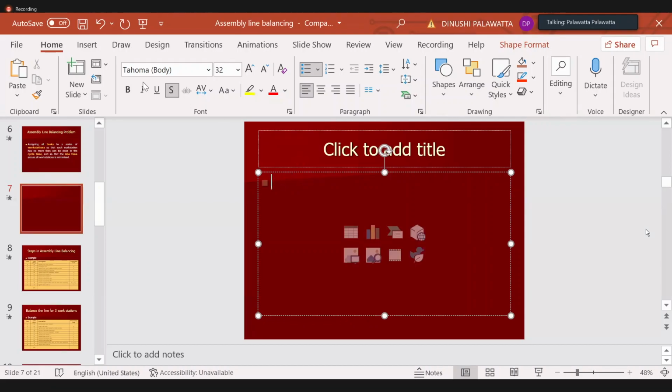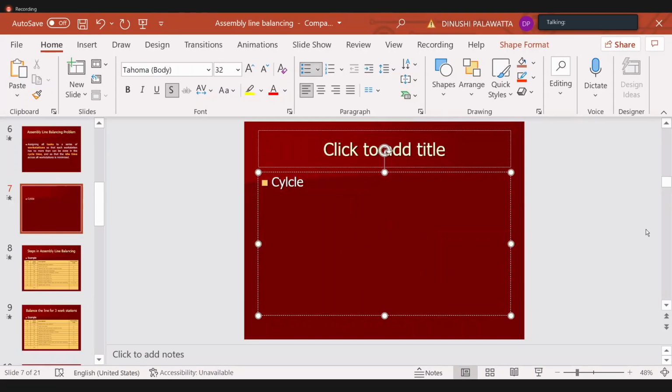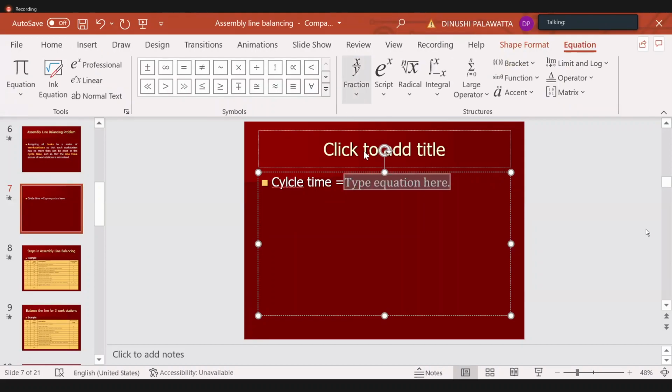So then calculate the cycle time, which equals the value added time divided by the number of workstations.